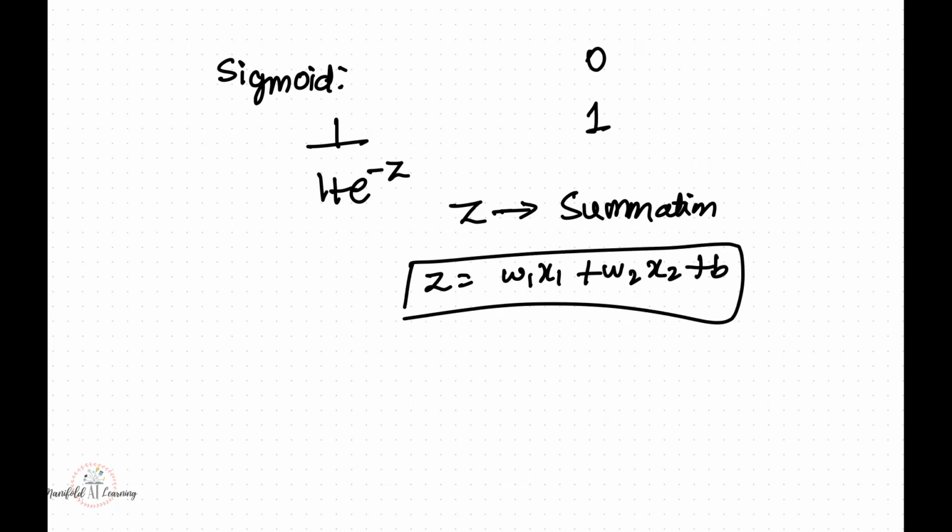Whatever value I get for z, I'll send it into the sigmoid equation in place of z, and I'm going to get the output in the range of 0 to 1. So what I have essentially done is scale the values down to my required range, so that no matter what real value I pass in, I'll get my output in the required range.